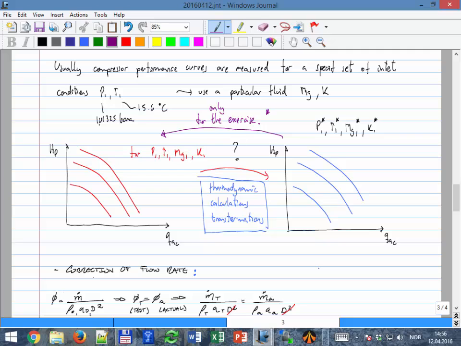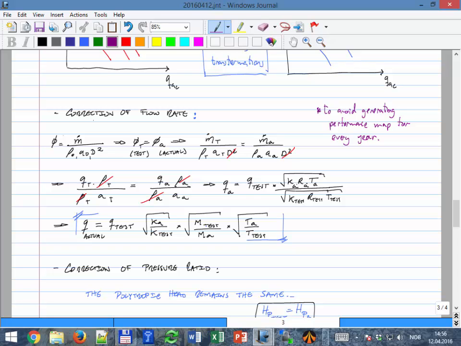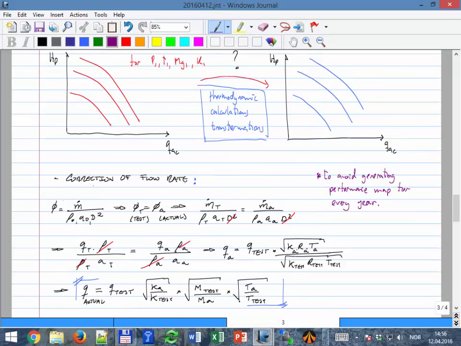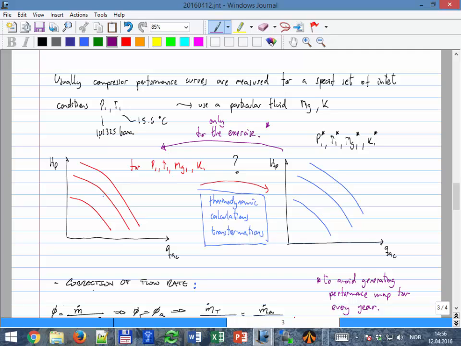Let's put a star here to avoid generating a performance map for every year. And I show you how: you have to use these correction factors, but the inverse of them, because the correction factors you use to go from what you measured in the lab to what you actually have, and now we want to change from what we actually have to the map.